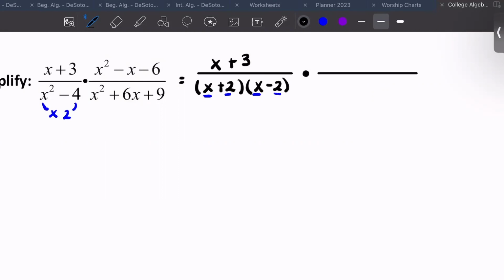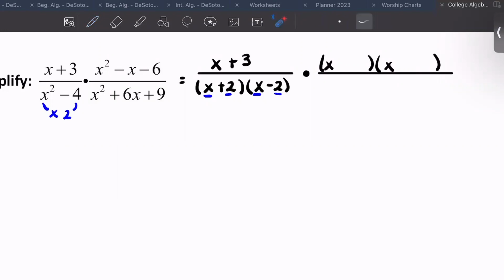So let's do the numerator of this guy. Well, this is an easy trinomial. That's what we name it because the first term doesn't have a coefficient on the x squared term. So we have an x and an x.